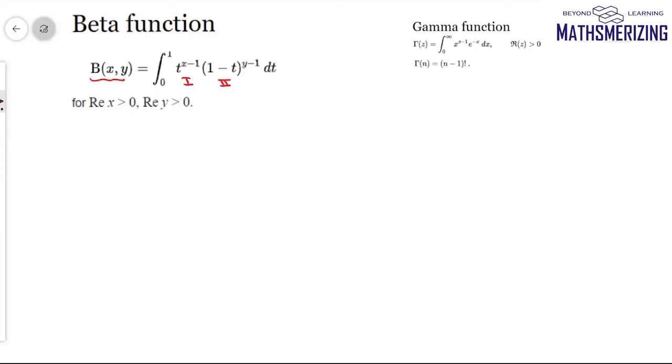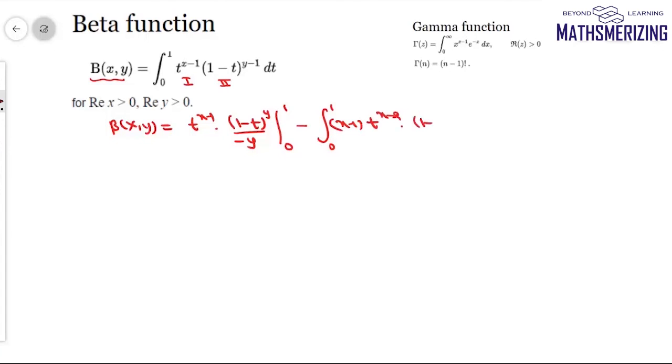If I integrate, beta xy is equal to first function t to the power x minus 1, and then 1 minus t to the power y upon y, then coefficient of t is minus 1, so this is minus y, limits from 0 to 1, and then minus this integral from 0 to 1, x minus 1 t to the power x minus 2, 1 minus t to the power y upon minus y into dt.